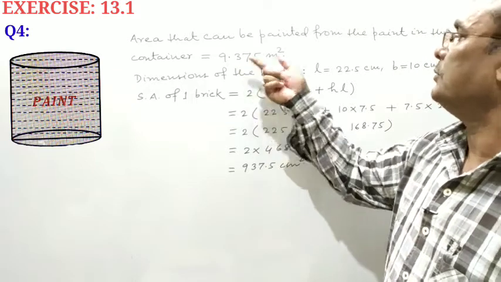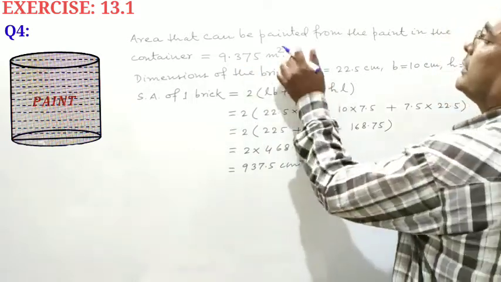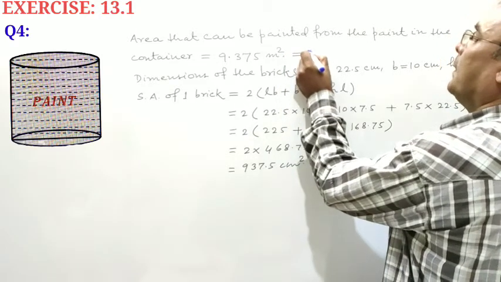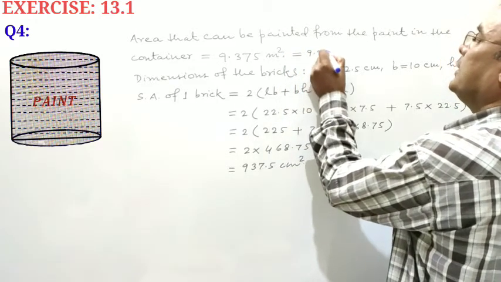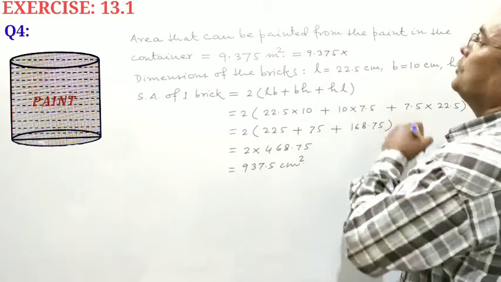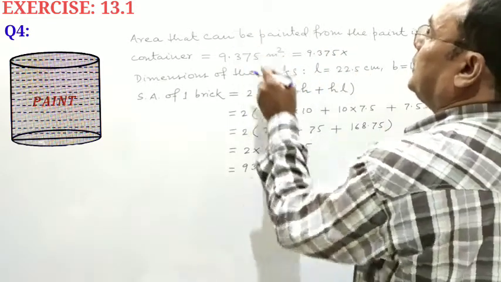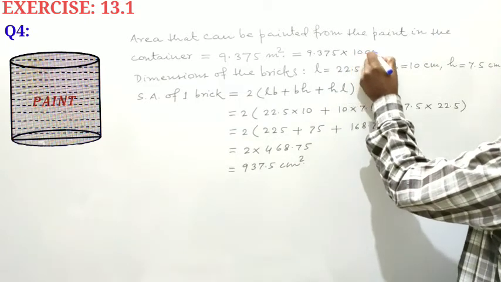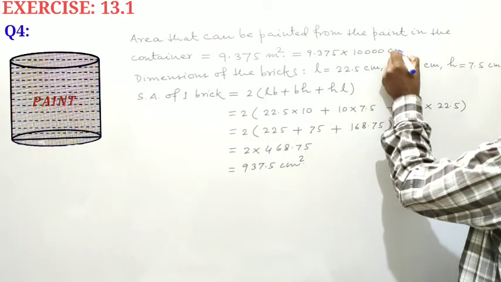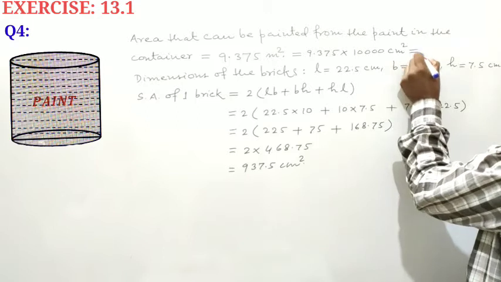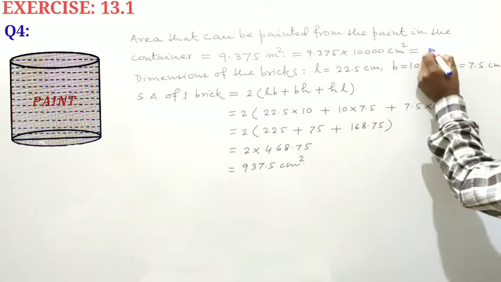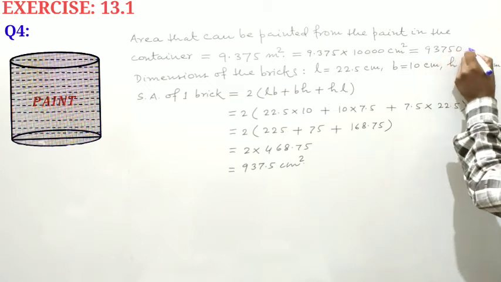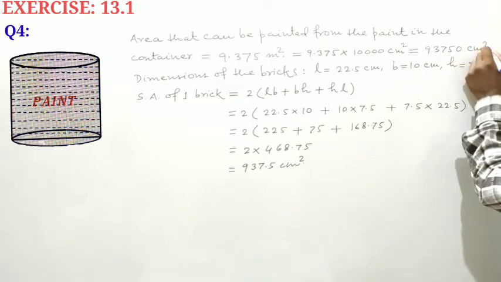So this we can change into centimeter square like this. 9.375 meter square will be changed into centimeter square by multiplying by 10,000. So this will be 93,750 centimeter square.